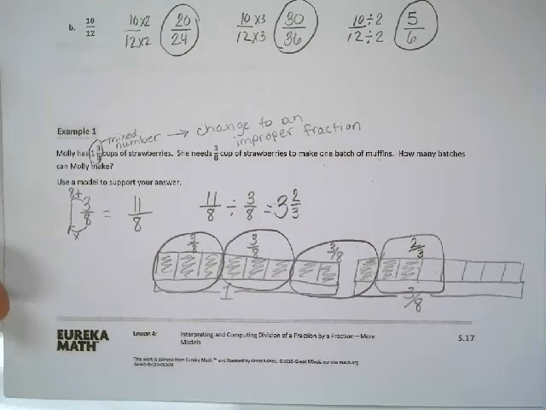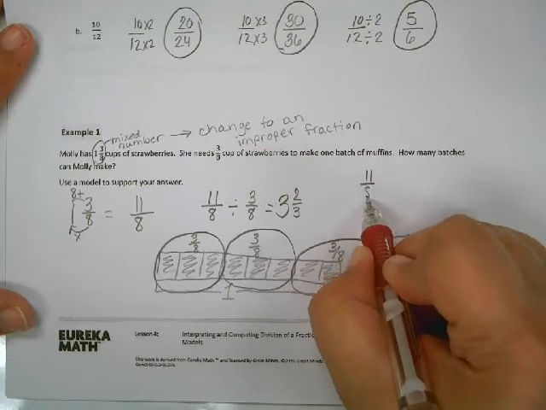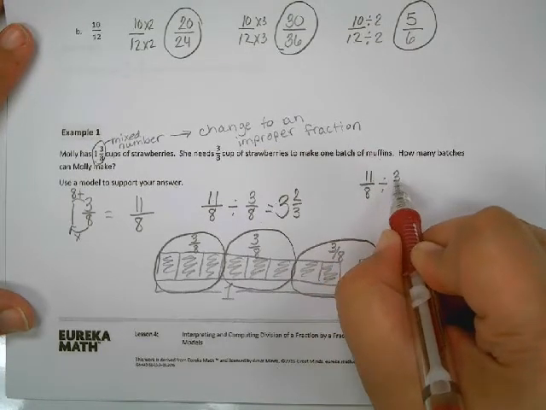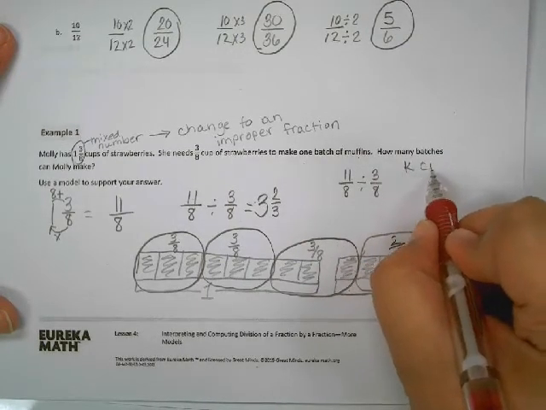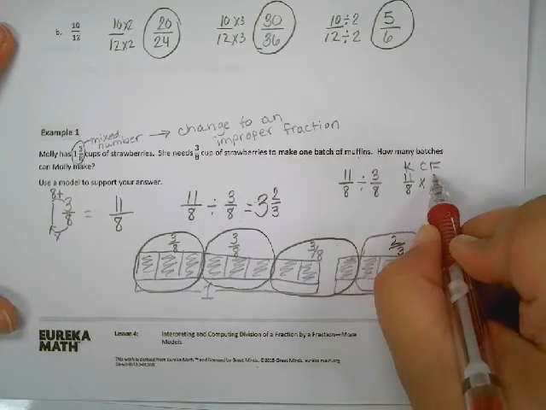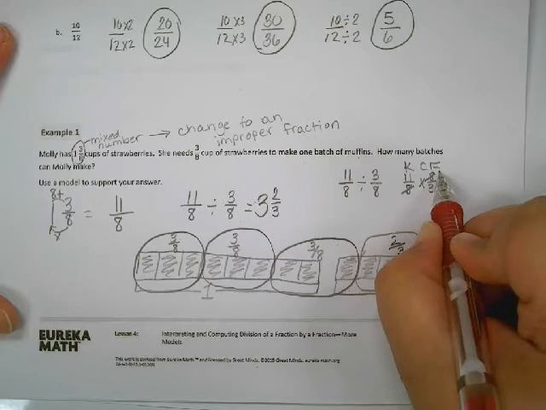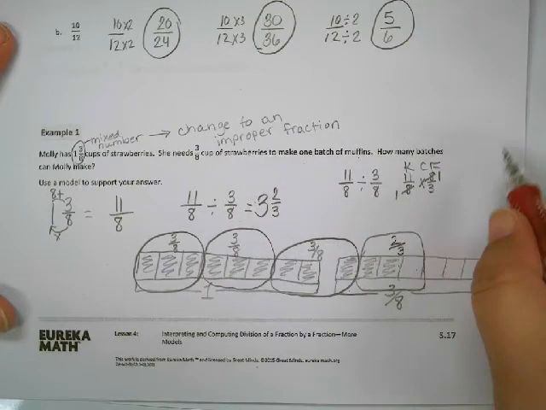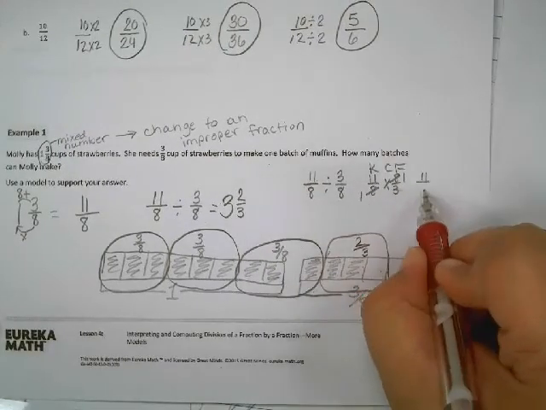And then I can also check this with my equation. 11/8 divided by 3/8. And I'm going to do my keep, change, flip. So I keep my 11/8, change to multiplication, flip to my reciprocal, cross cancel to 1. So 11 times 1 is 11. 1 times 3 is 3.